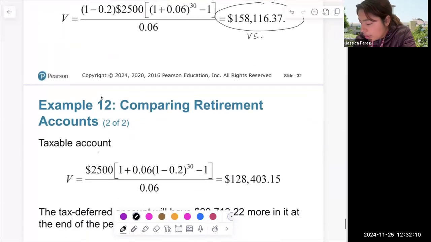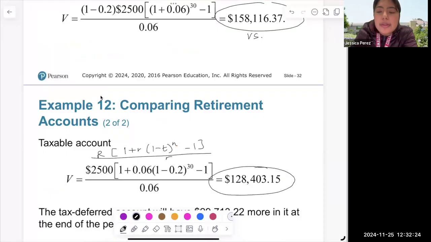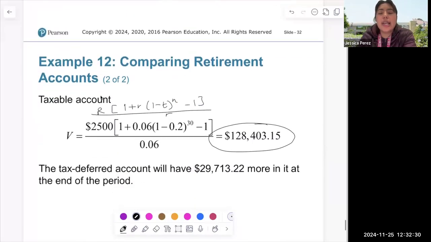We're going to compare this value versus the taxable account. Now the taxable is R times 1 plus r times 1 minus t to the n minus 1 all over little r. And we're going to get 128,403.15. So which one is better? We notice that the tax deferred will have 29,713.22 more at the end of the period.